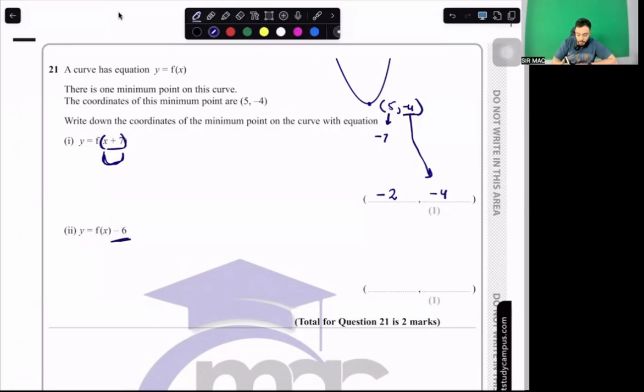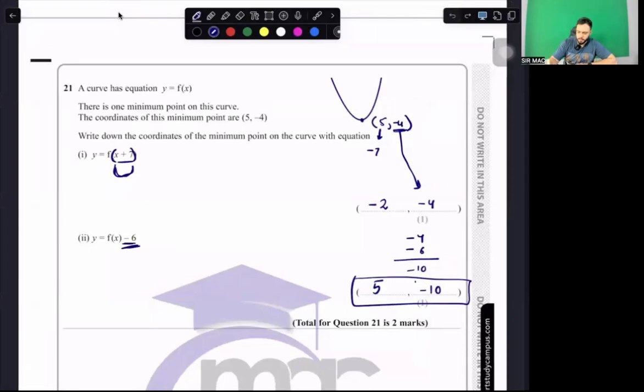So the x coordinate 5 stays the same, doesn't really change. Over here, the y is negative 4. So negative 4 and negative 6 would give you negative 10. And that's again the value. Makes sense, kiddo?